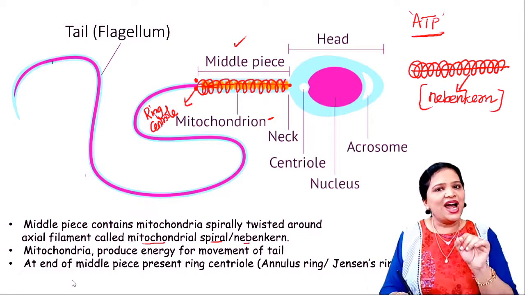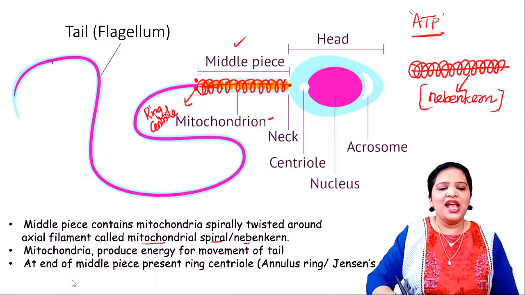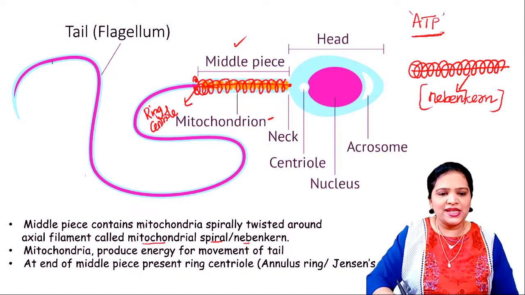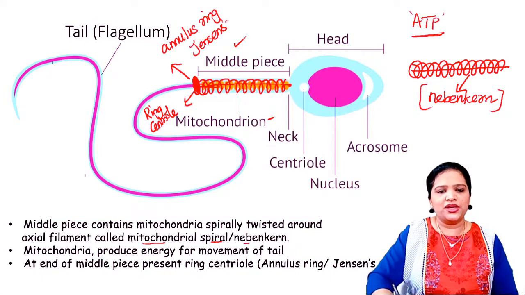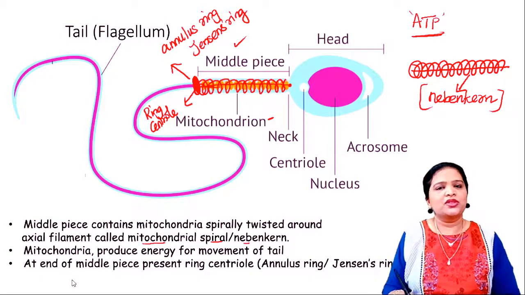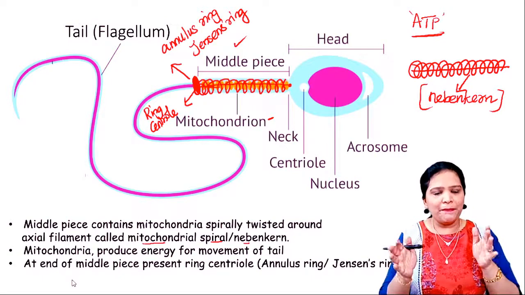So at the end of the middle piece, there is another centriole present, and surrounding this is a ring-like structure. So this region is called annulus ring, or Jensen's ring. Jensen's ring. Clear?